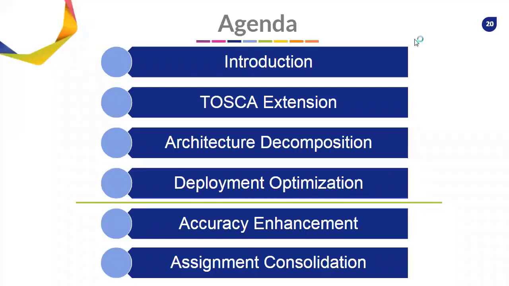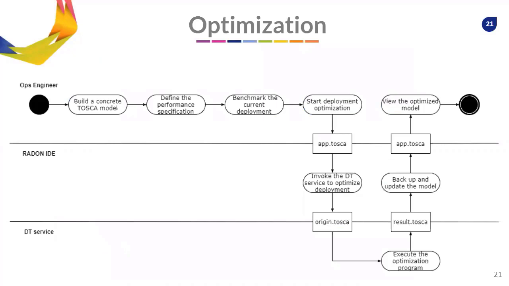The RADON decomposition tool can be used for deployment optimization as well. To this end, an operations engineer needs to build a concrete TOSCA model, define the performance specification, and benchmark the current deployment. Then, they can start deployment optimization by right-clicking the service template and selecting the Optimize button.